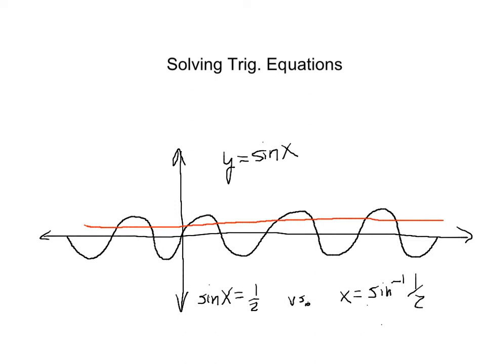Whereas when we just take the inverse sine of 1/2, by definition of the inverse sine function, this would be the only possible solution. And so we have to be aware that when we're solving trig equations, we're looking for all possible solutions, not just the solution in the fundamental domain.